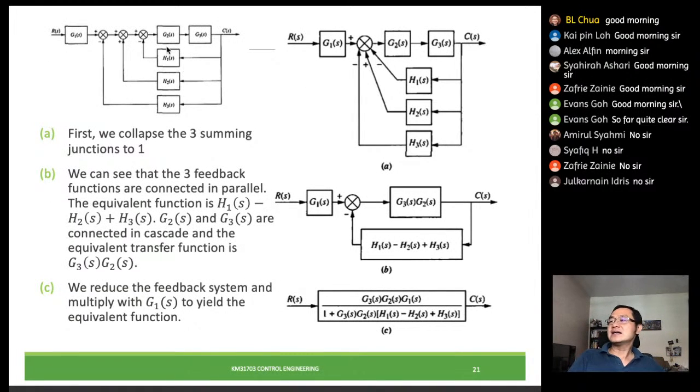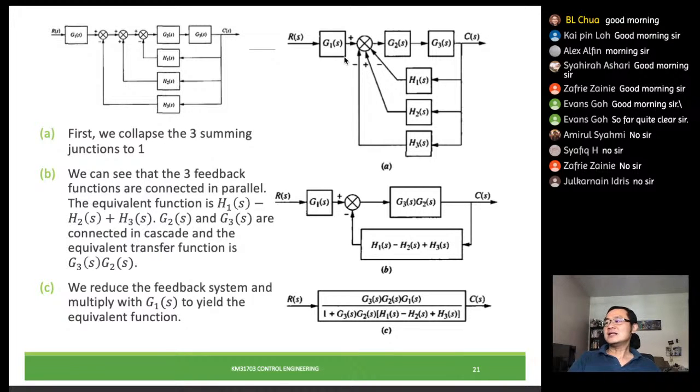So this is the way. You can see that one after another, the summing junction basically equals this, one single summing junction with multiple signals going in, right? So that is the case. Same thing here, basically they are branching off at the same particular point, right? So from this form we can transfer into this.